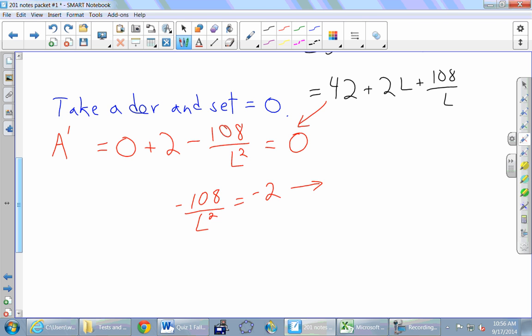We can clear that fraction by multiplying both sides by L squared. And then 2 more steps to solve for L. Divide by that negative 2. And then take the square root of both sides.